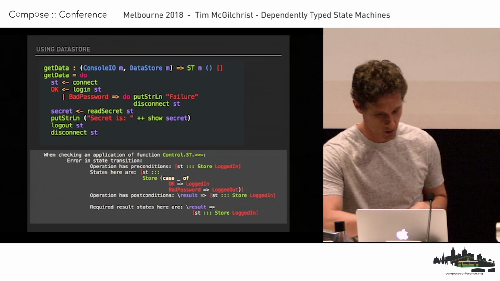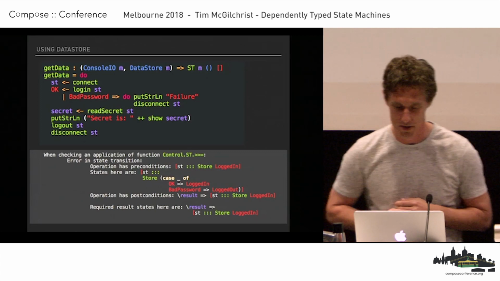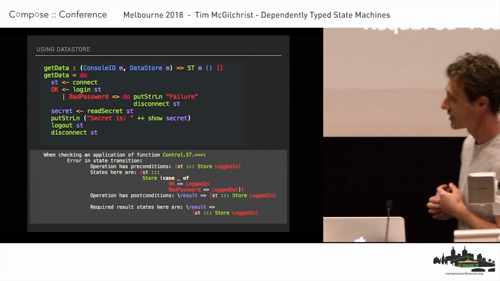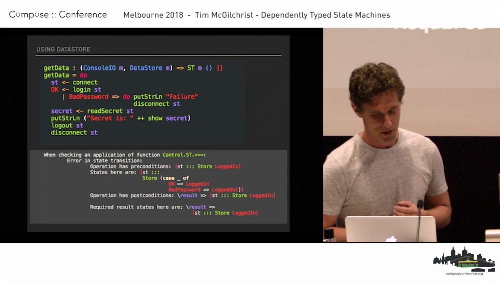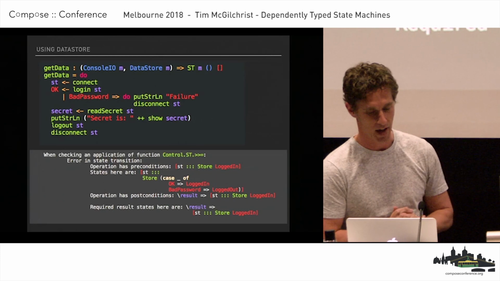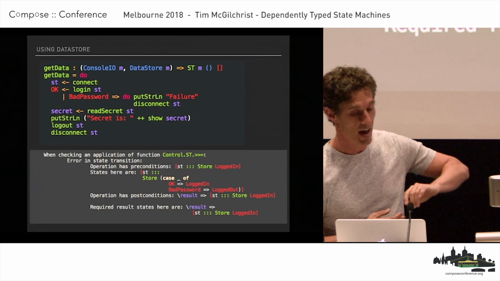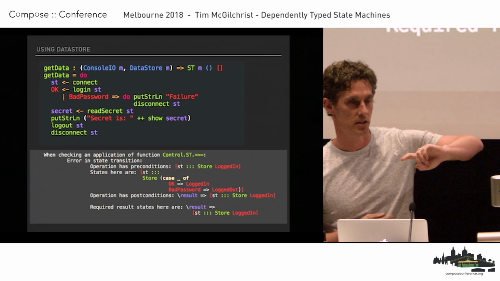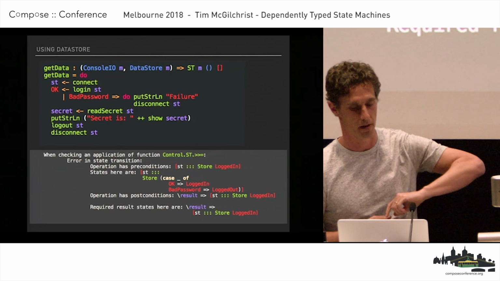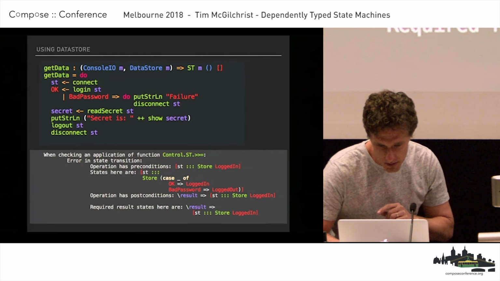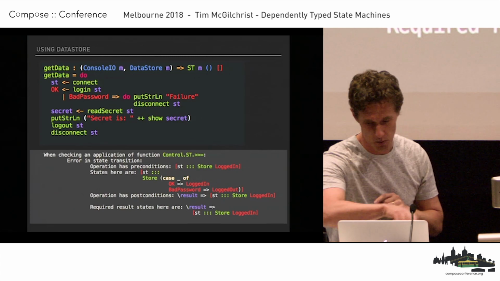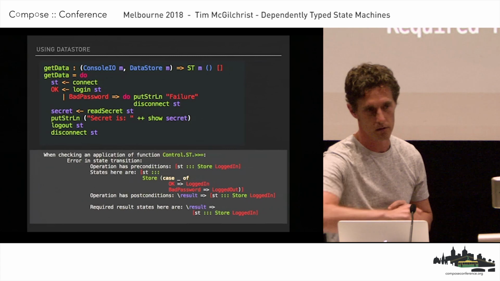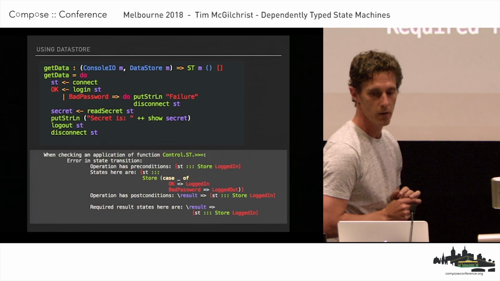And so I included this error, which is kind of intimidating, I suppose. But it's reasonably formatted, and what it's laying out is the preconditions and postconditions for calling particular functions in there. This was when I deleted the login part and didn't handle that properly.